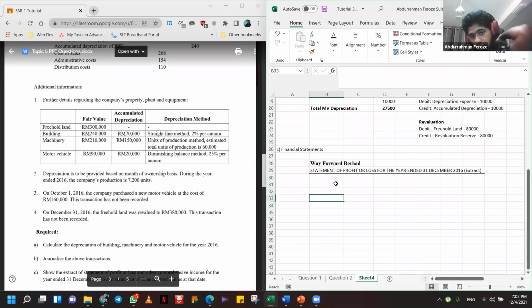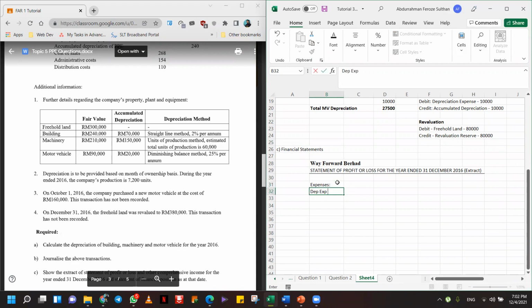So here is the first similar problem we have. It'll come under expenses. Then we have depreciation expense for building.